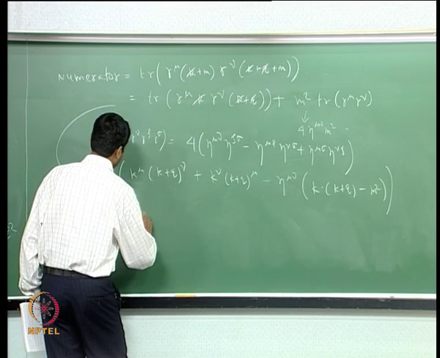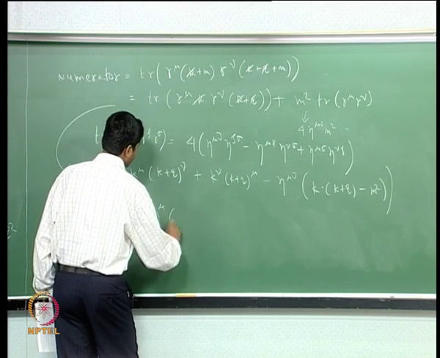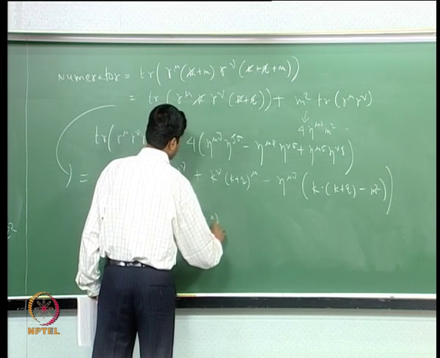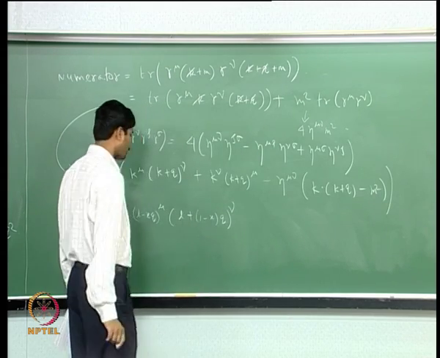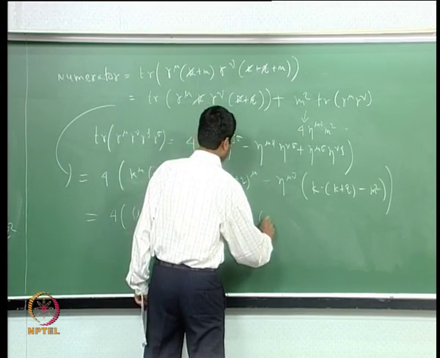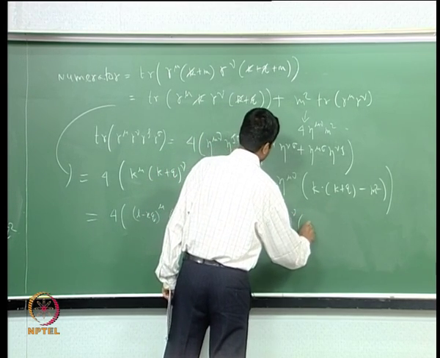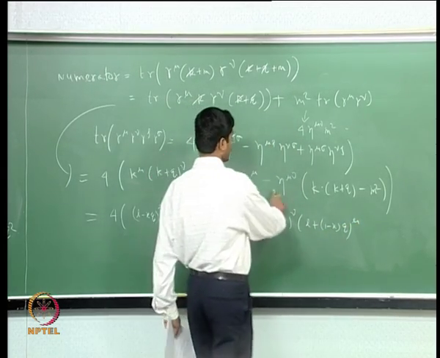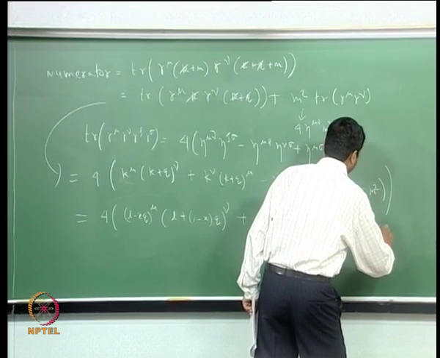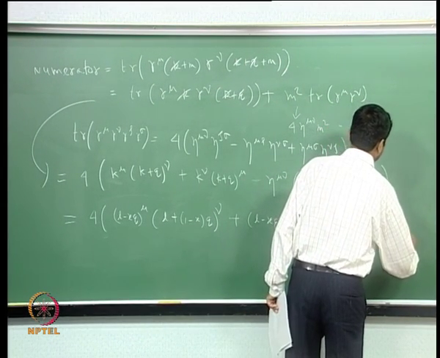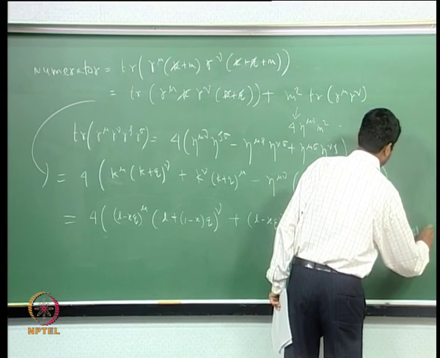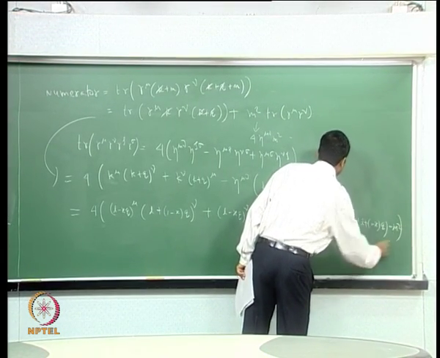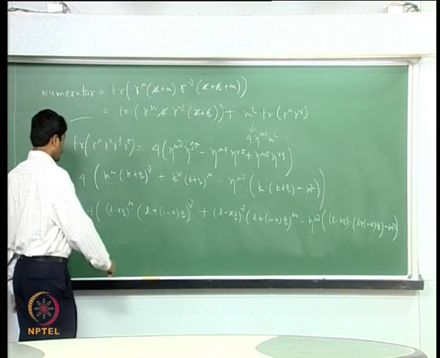So, this is 4 times L minus x q mu, L plus 1 minus x q nu, plus L minus x q nu, L plus 1 minus x q mu, and finally, here minus eta mu nu times L minus x q dot L plus 1 minus x q minus m square. This is what I have.